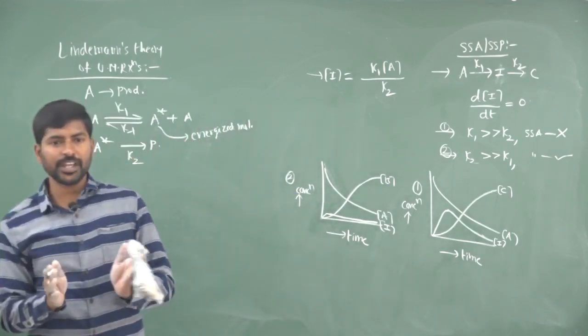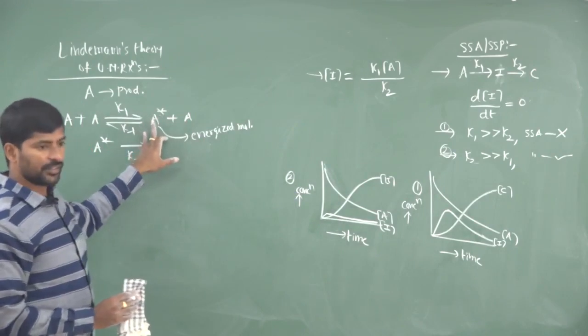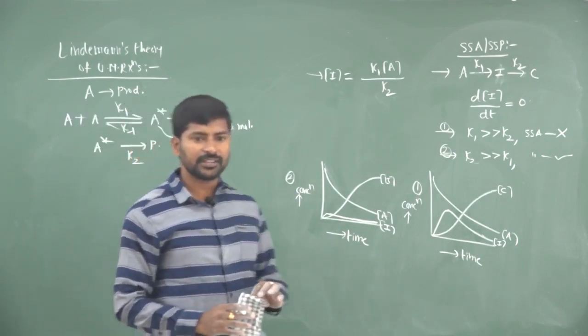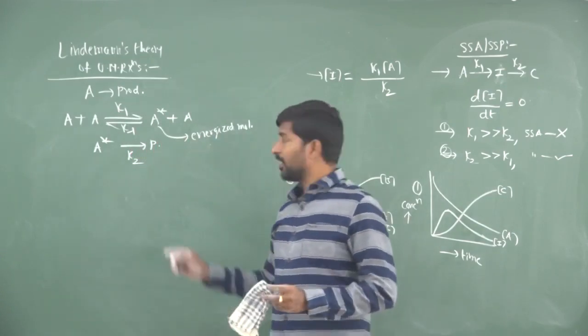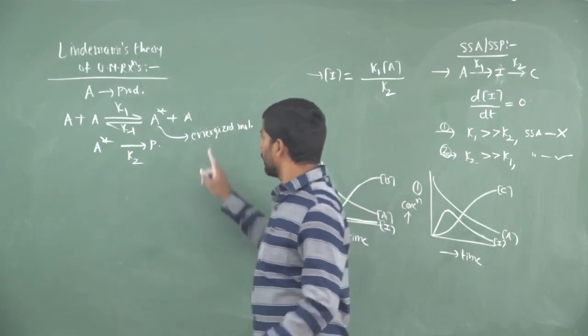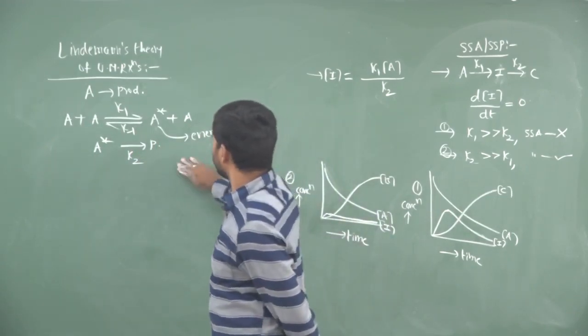During collisions between A and A, what happens? Transfer of energy takes place from this A to this A. So this is called an energized molecule or vibrationally excited molecule. Its vibrational energy increases.